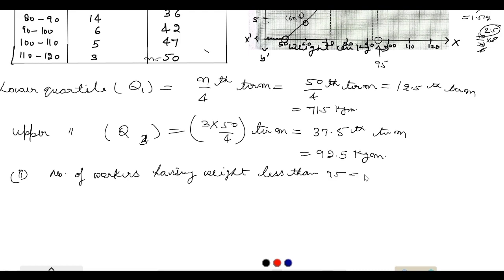Less than 95 are 39. Therefore, number of workers who are overweight means whose weights are greater than 95. (50 minus 39), 11 workers.